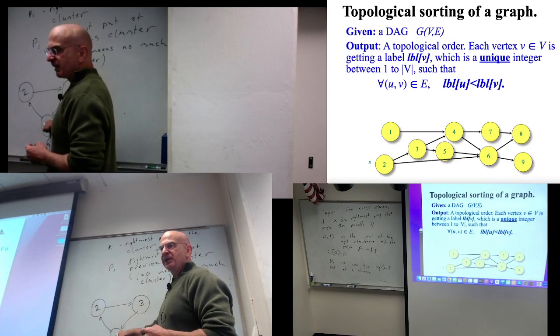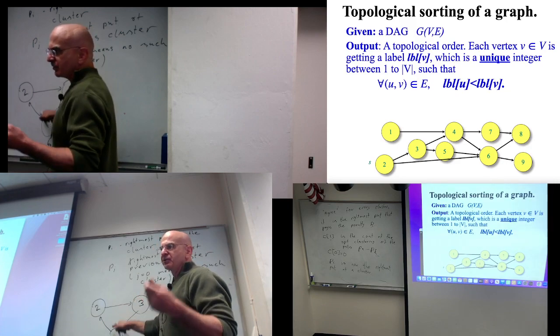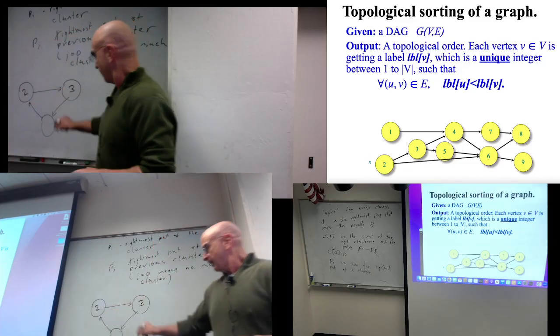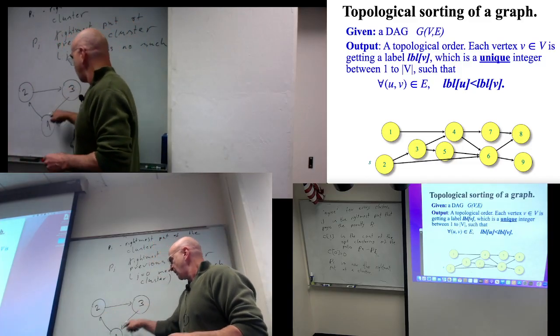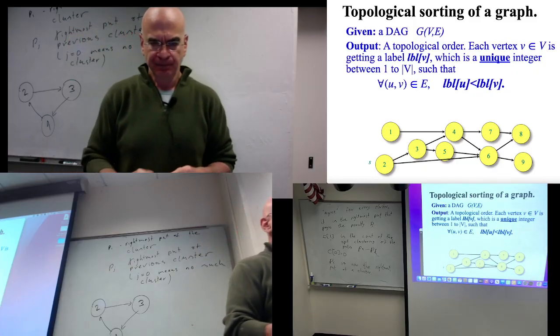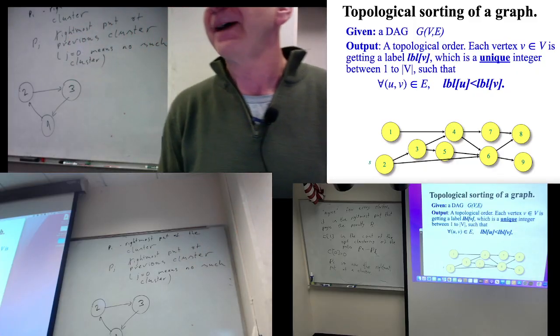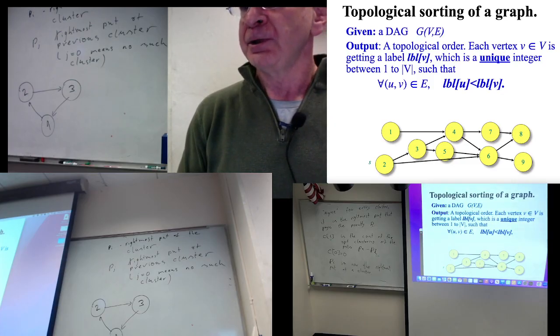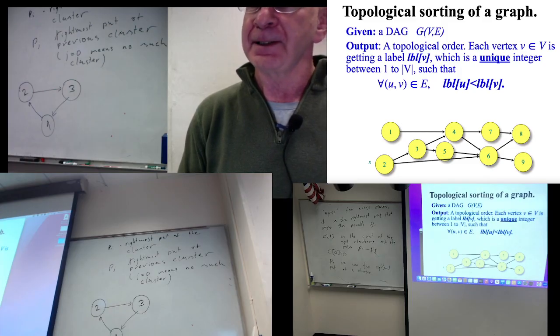The label of this guy might need to be larger, but I cannot do it because I just have 1 to 3. It will not work. And I could have started from 1 and run into the same issue. So, of course, I can find such a topological sorting only if my directed graph doesn't have cycles, obviously.